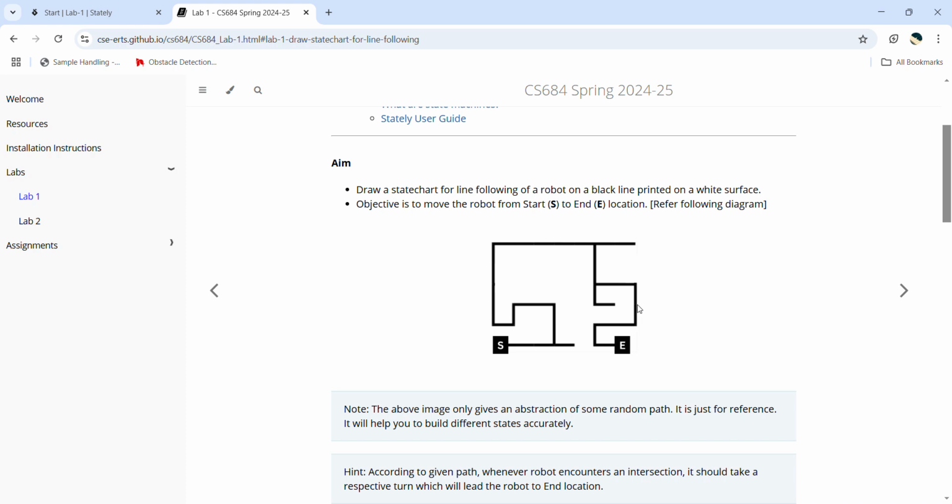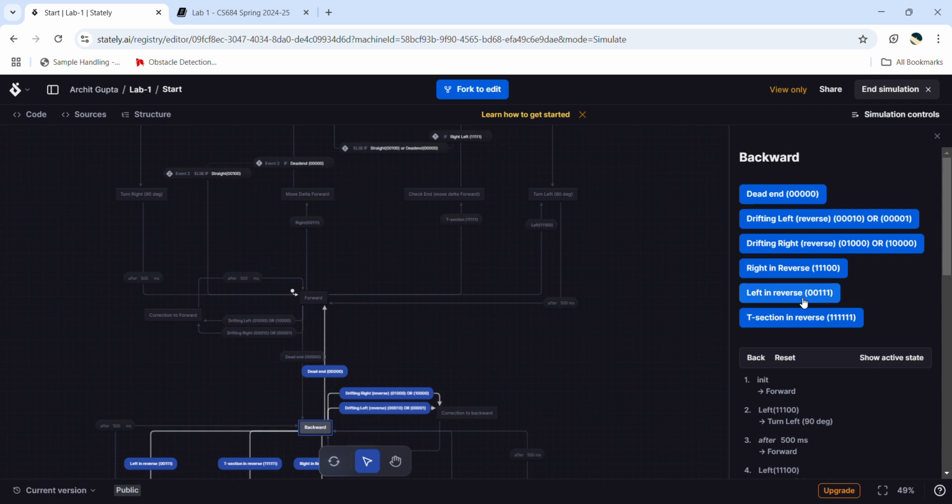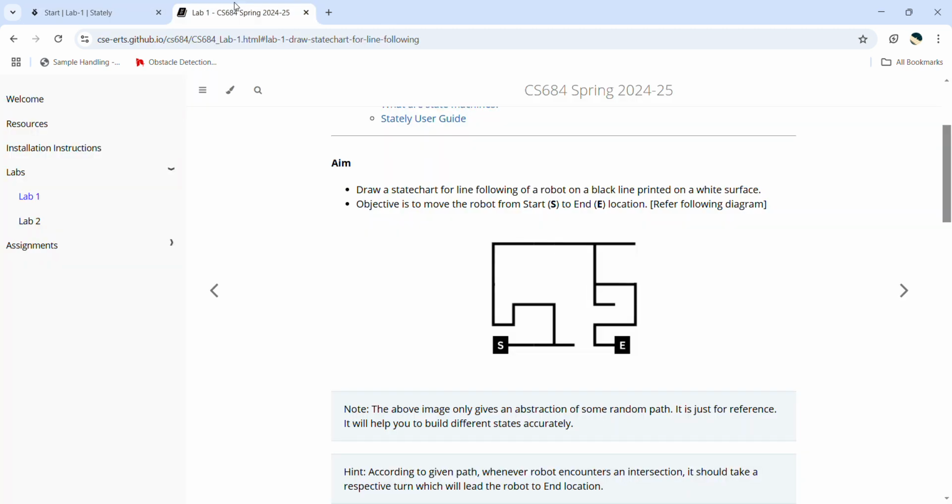Again we take a right here. Similarly, next there are two lefts here. Since the priority is left, we take left in reverse and we take a left in reverse. So here we are able to complete this whole maze using this algorithm.